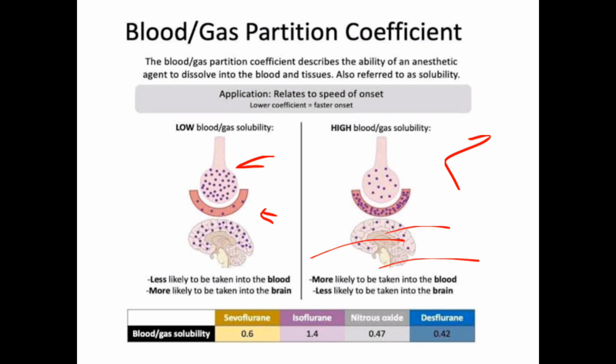That's why they are less likely to be taken into the blood because they have a lower solubility. But one important thing is that they are more likely to be taken into the brain.